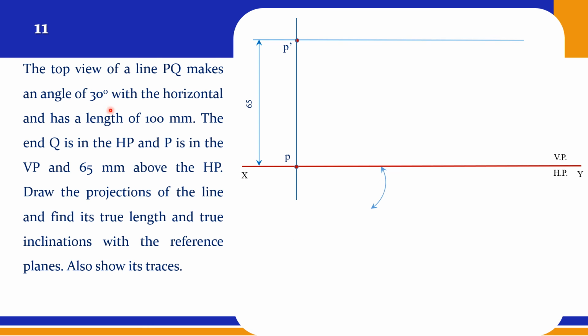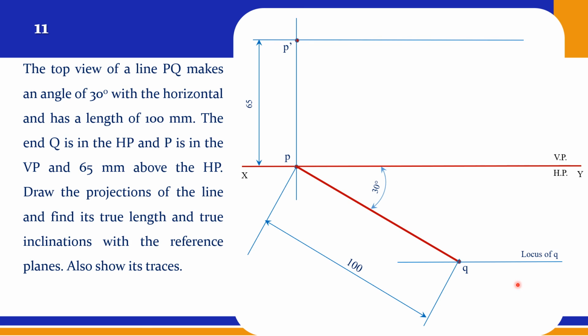The 30 degree angle is given, so this is the final top view. This top view is obtained by rotating the line. This is the 100 mm. Here this is the locus of Q, and you can rotate this and mark this point as Q1.